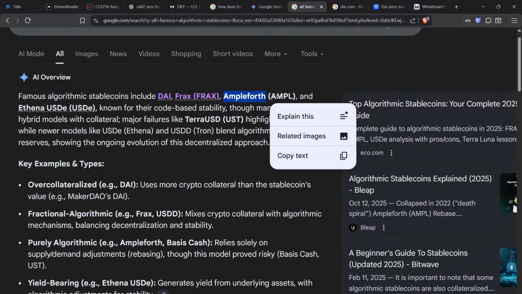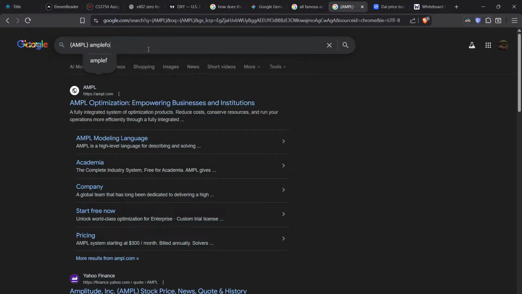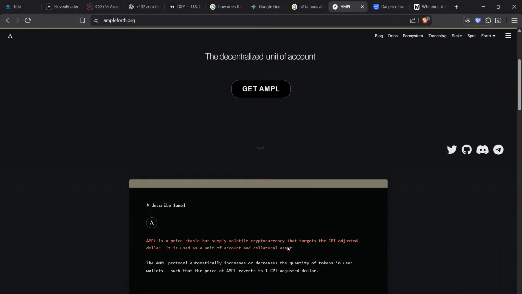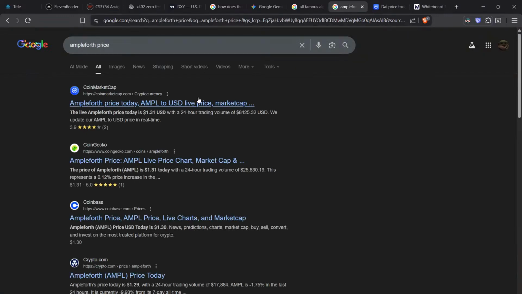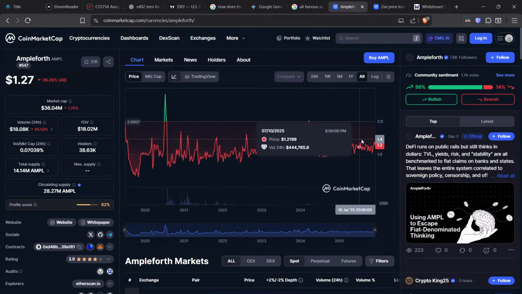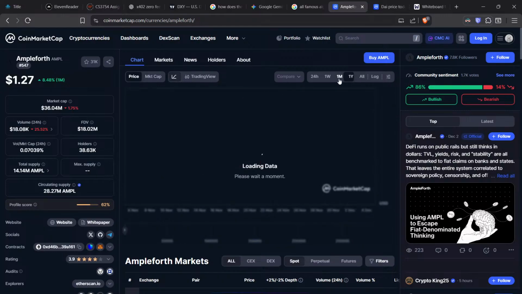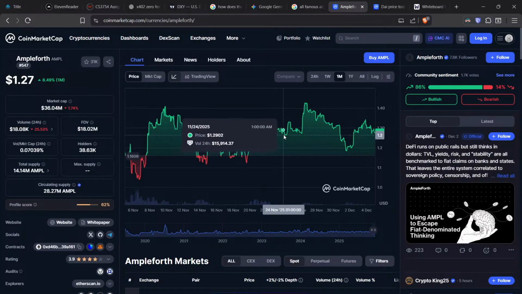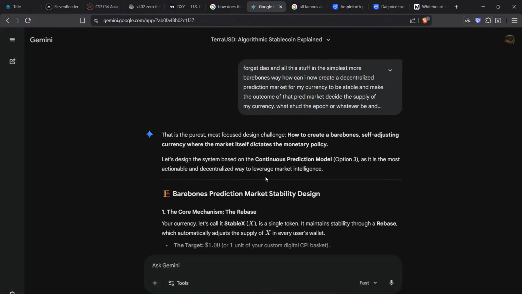What about Ampleforth? I think this is purely algorithmic, right? $2.04. Not bad. Okay, I want to ask about how those work as well.